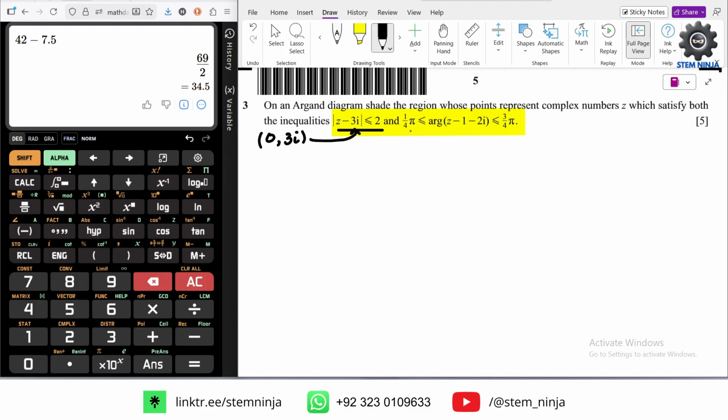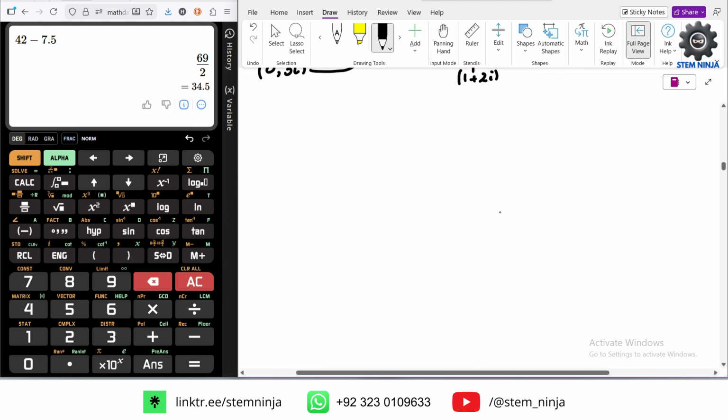And 1 over 4 pi less than argument of z minus... so basically this point is 1 plus 2i, so this is the half line starting from this point, and the angle is between pi by 4 to 3 pi by 4. Okay, alright, so let's draw that.